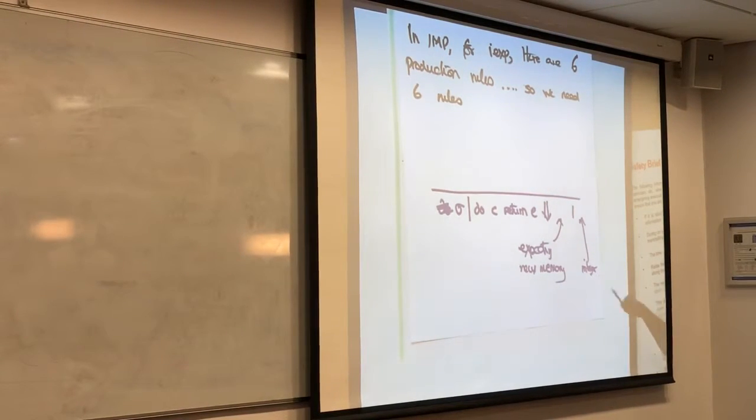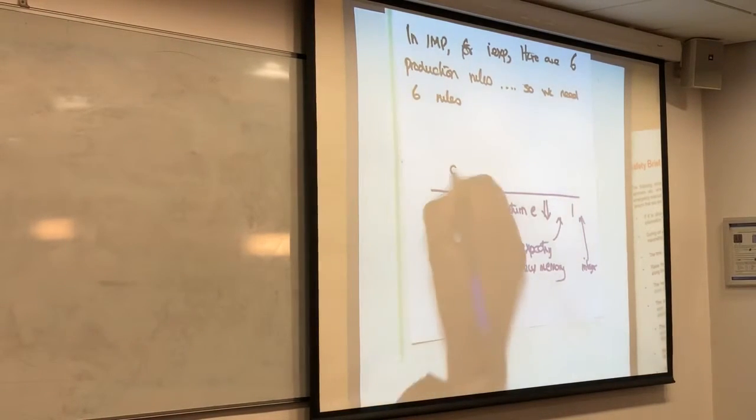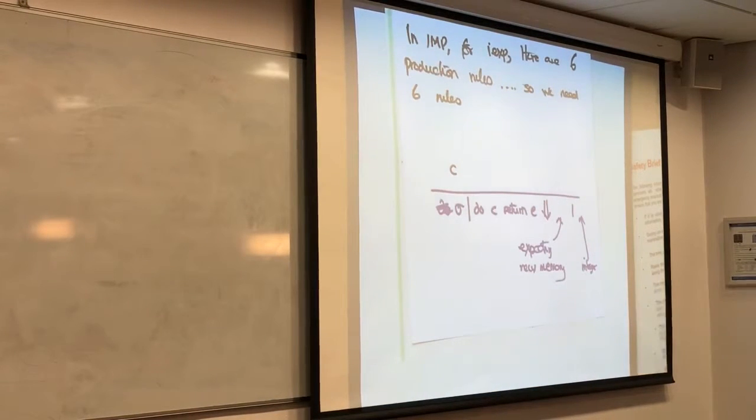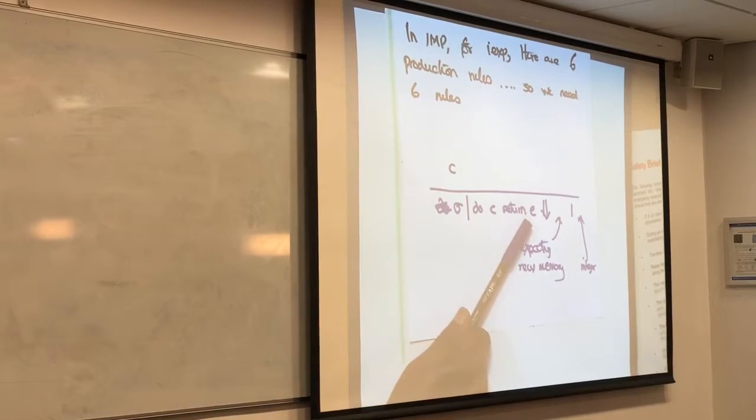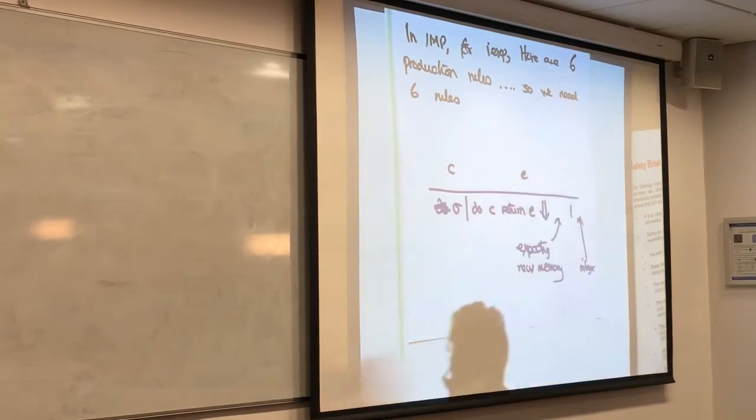So what are the bits inside this do command? Yeah. First of all, we have to execute the command C. So we better try and evaluate that. That's a good start. So I'll write C down for you here. Okay? Your turn. We've got E as well to return. Yeah, there's an E here. So at some point, we'll need to evaluate that. So let's put that here.